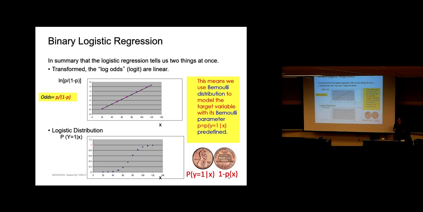The second view is that the logit of p hat is a linear function. Two different views, but the same model. Sorry, again, a mistake here. I'm going to fix those. It should be P of y equals 1 here, and 1 minus P of y equals 1 conditional on x. So it only models conditional probability.